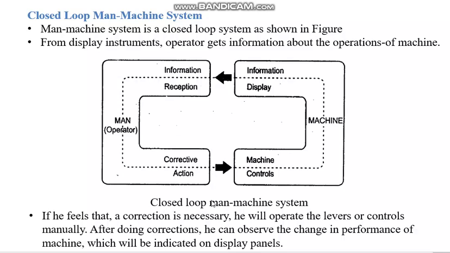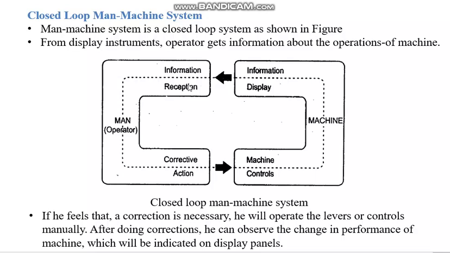So you see, it is a closed loop because man is doing the feedback process here. Some input is given to the machine, and with the help of this input, the machine starts operating, and at the same time it shows some display of information, and that information is seen by the operator, through the eye or through the ear.